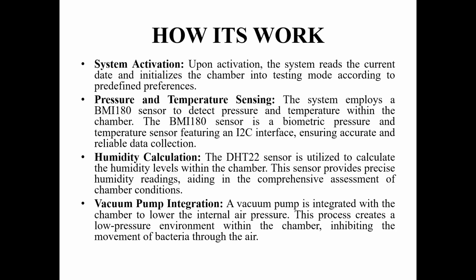The BMP180 is a barometric pressure and temperature sensor featuring an I2C interface, and it ensures accurate and reliable data collection. For humidity calculation, I go with the DHT22 sensor. It is utilized to calculate the humidity levels within the chamber. This sensor provides precise humidity readings, aiding in comprehensive assessment of chamber conditions.